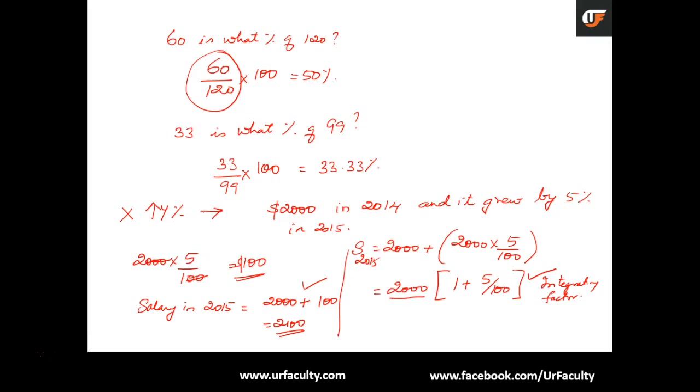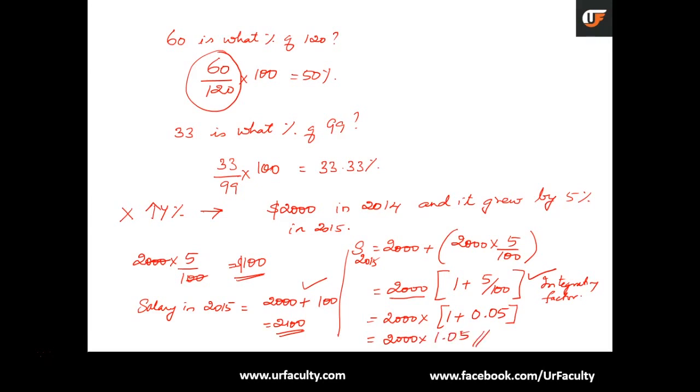Now when a value grew by 5%, all that we have to do is take the actual value and multiply it by 1 plus 5 by 100. And what is 1 plus 5 by 100? 2000 into 1 plus 0.05. Am I right? So what do you get here? We get 2000 into 1.05.